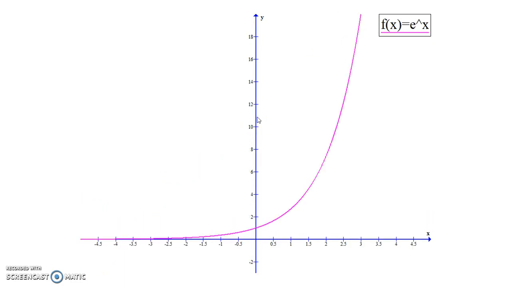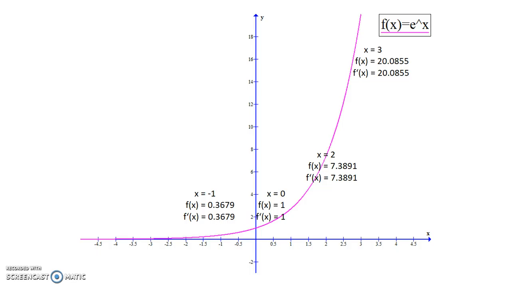And actually, if we look at a bunch of other points, what we notice is everywhere that the y value and the gradient, or the derivative at that point, are the same.